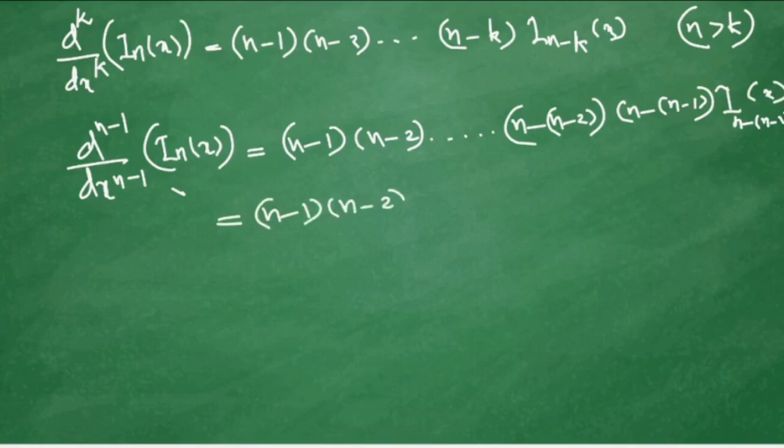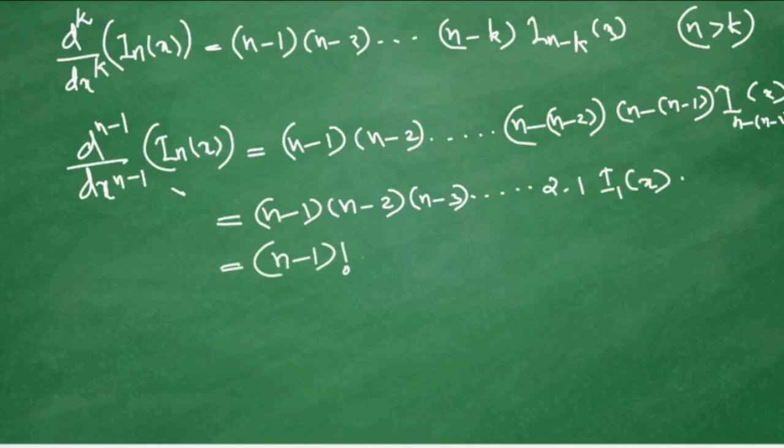Or we can rewrite it as n minus 1 into n minus 2 into n minus 3 into etc. into 2 into 1 into I1 of x. That is, this is n minus 1 factorial. So this is equal to n minus 1 factorial into I1 of x.